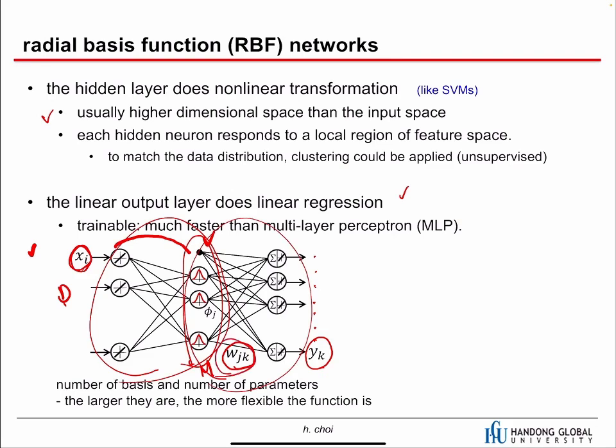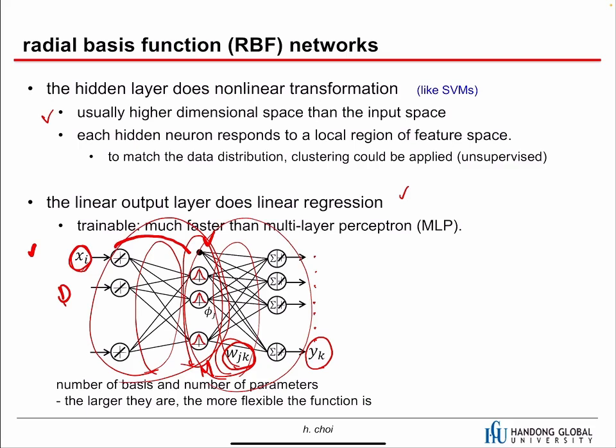This one is a neural network actually, in a sense, and it is much faster than the multi-layer perceptron. In the multi-layer perceptron, this part is trainable too, and this part is trainable, so we have two trainable layers, and it is hard to train a multi-layer perceptron.